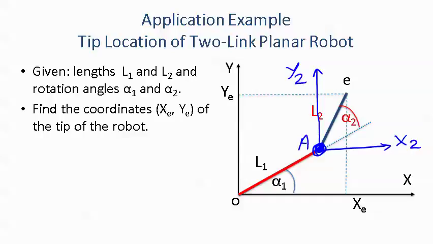So if I figure out the distance where E is located in the coordinate frame X2 and Y2, that distance here and this distance here, and if I go back now to the first link and figure out where this is located in the original coordinate frame, then I can sum those two distances and find the coordinates in the original coordinate frame.